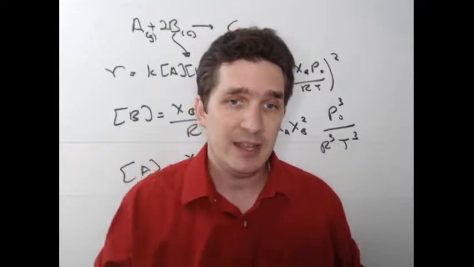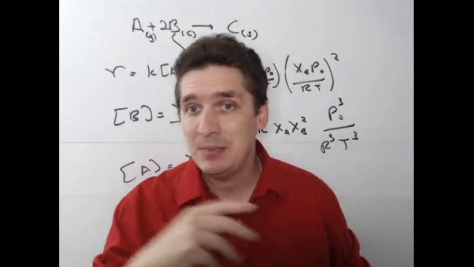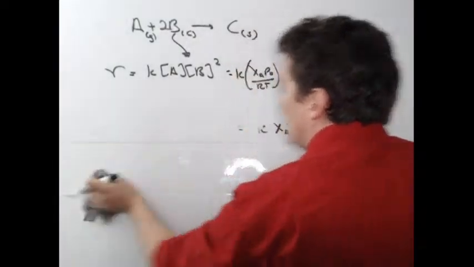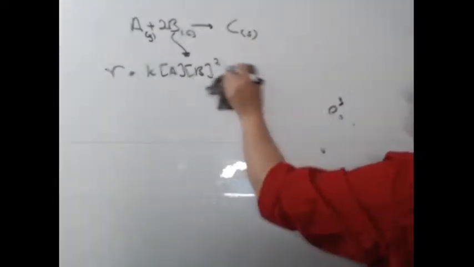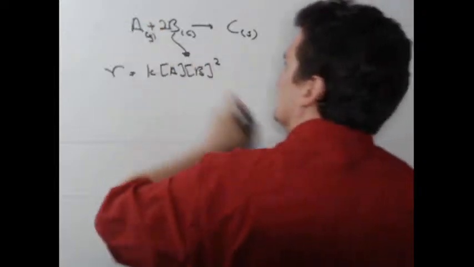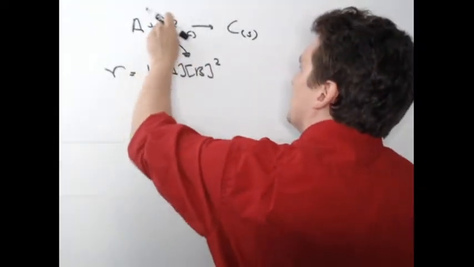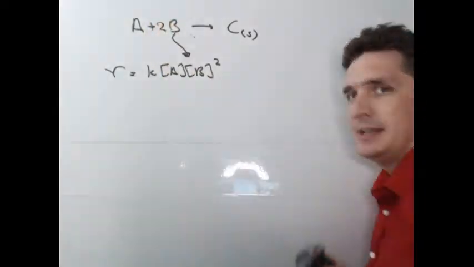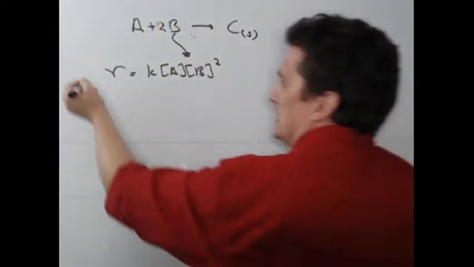So how do we do it the fast way? Well, the fast way is just going to pick up on a pattern here. So for the fast way, let's say I give you any reaction, and I don't specify what's a gas yet. So I would write the rate law out as normal. So that's step 1.